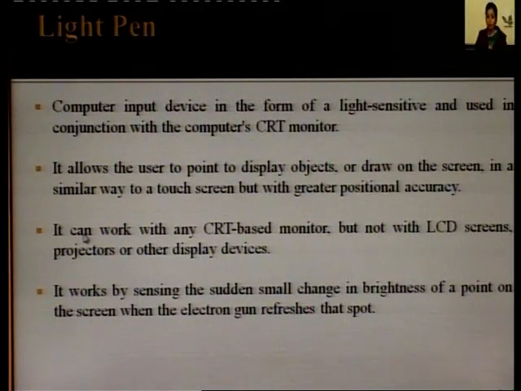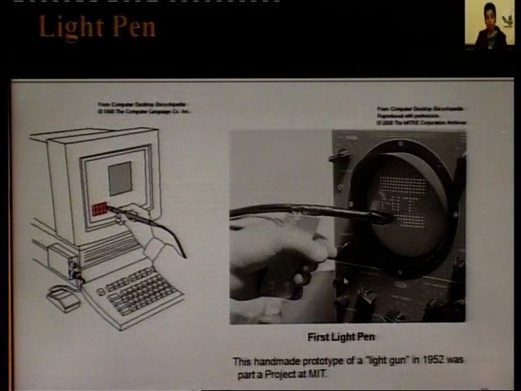It can work with any CRT based monitor, but not with LCD screens or projectors. It works by sensing the sudden small change in the brightness of a point on the screen when the electron gun refreshes that spot. Okay. So, this is a light pen example.